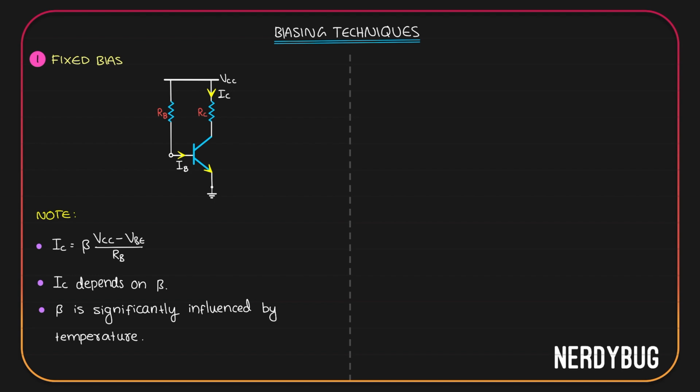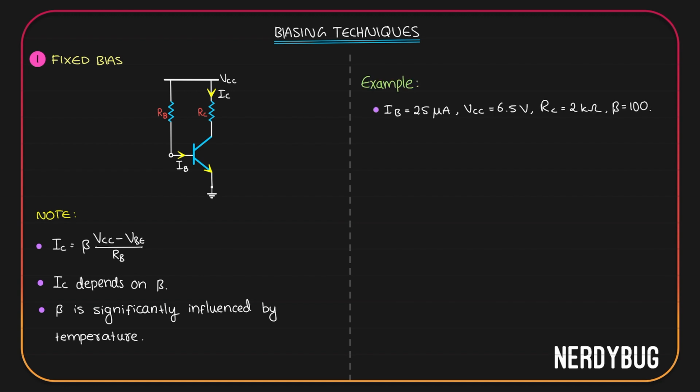When we bias a transistor, we want it to be stable. Once we have chosen a VBE and an IC, once we have chosen our Q point, we want it to stay there. But right now, you can see IC depends on beta, beta depends on temperature. That means our IC is not going to be constant, which means our Q point is not going to be stable. To show you how bad this is, let me take an example.